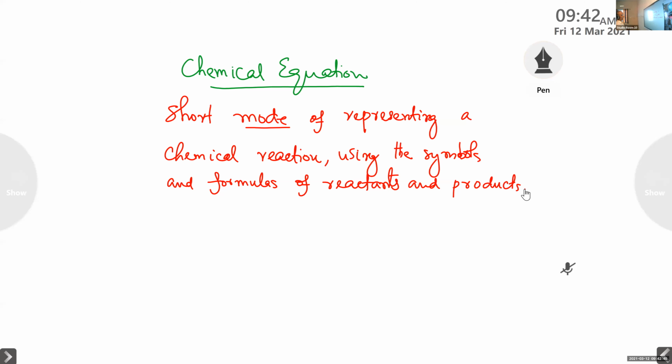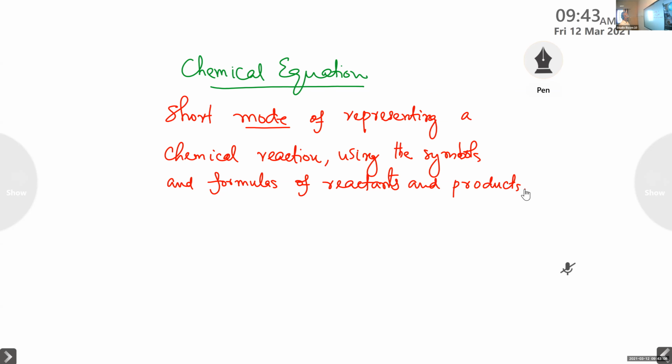Reactants are written on the left hand side of an arrow and the products are written on the right hand side of the arrow. Okay. So we can represent a chemical reaction using the symbols and formulas of reactants and products. That's called a chemical equation.